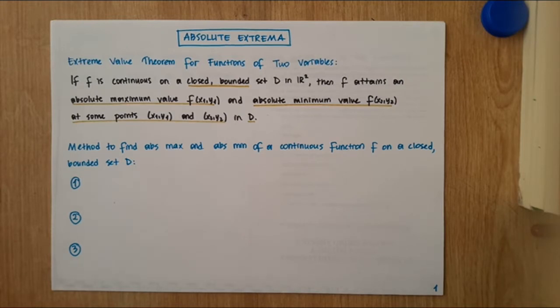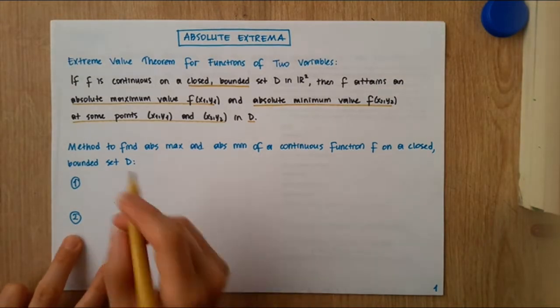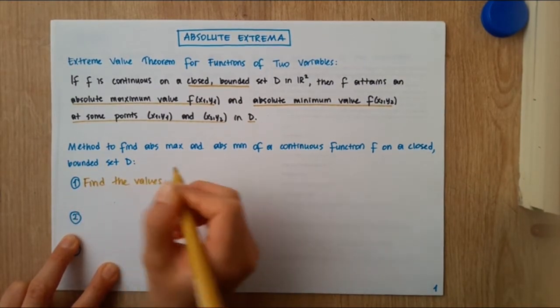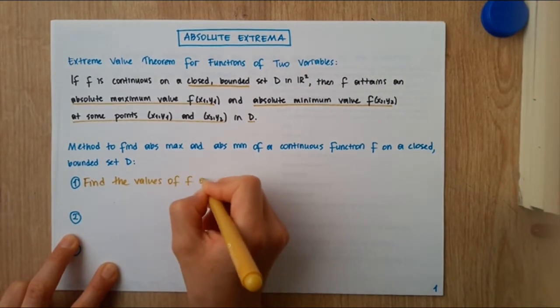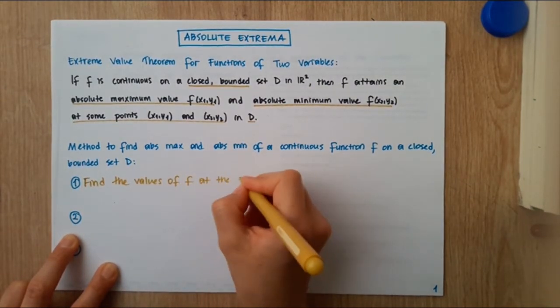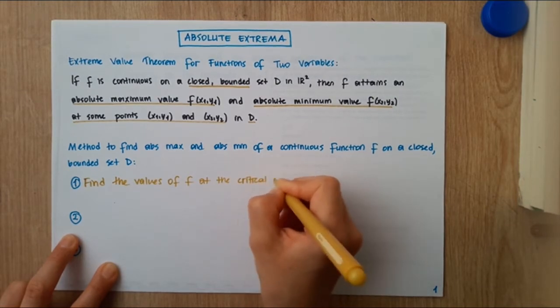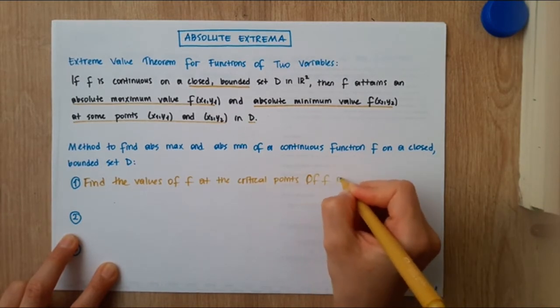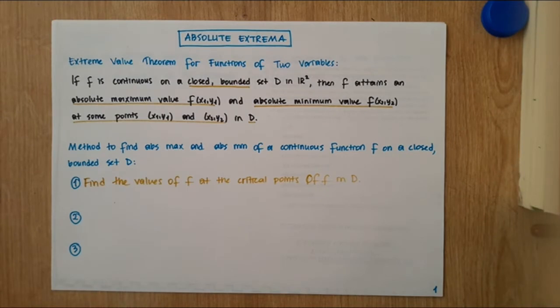To find them, we should follow the method I will write in a minute. To find the absolute max and absolute min of a continuous function on a closed and bounded set, first of all, we will find the values of f at the critical points of f in D, of course, not all the values.